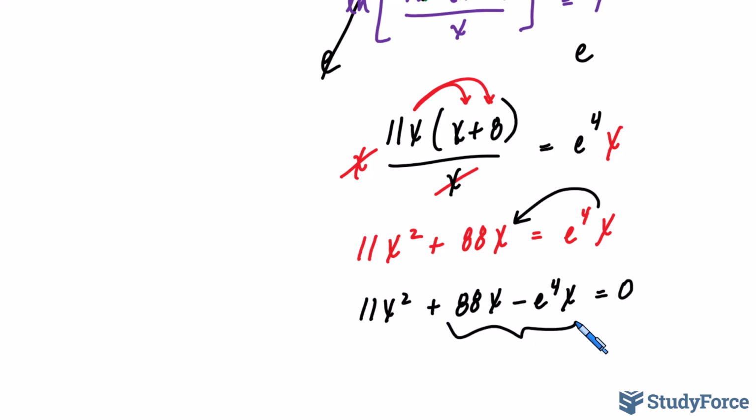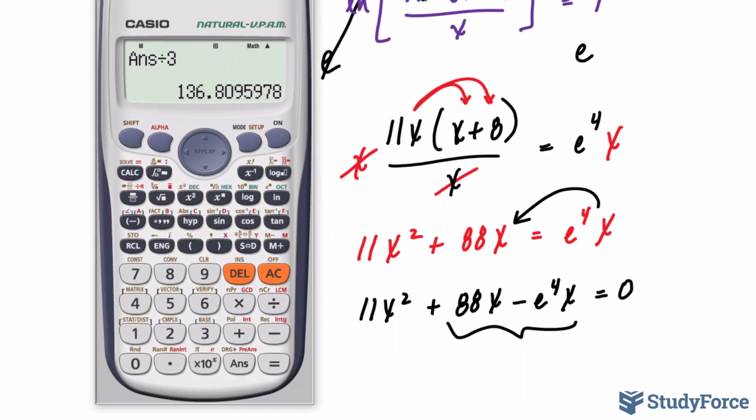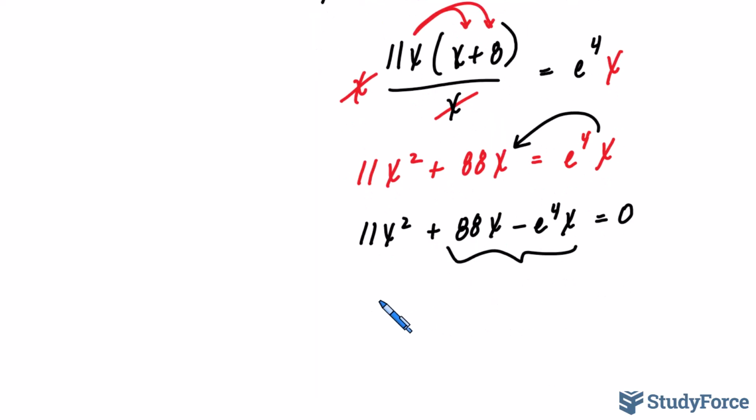We'll combine these two terms together. So on your calculator, you can take 88, take away e to the power 4, and that's roughly 33.4. So we have 11x squared plus 33.4x is equal to 0.